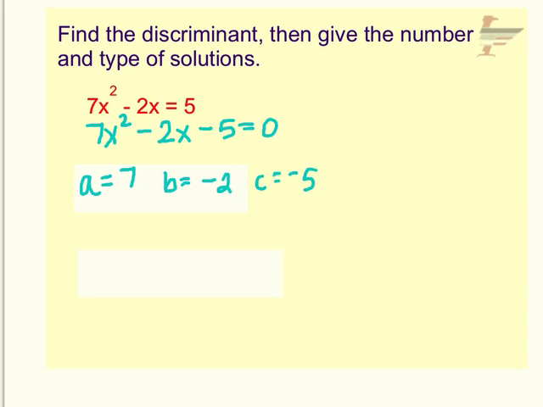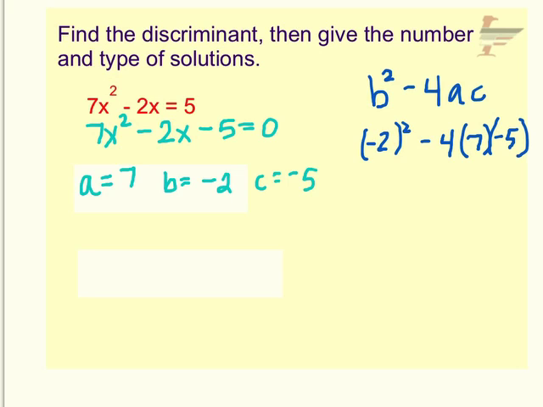So when they say find the discriminant, that means we do our b squared minus 4ac. Our b is a negative 2, so negative 2 squared minus 4 times a is 7, and c is a negative 5. So a negative 2 squared, remember anytime you square these numbers, they will always be positive, so we have 4.